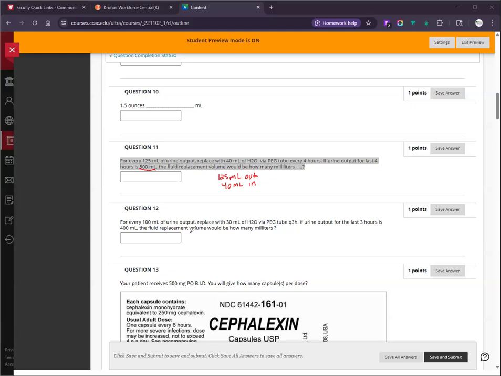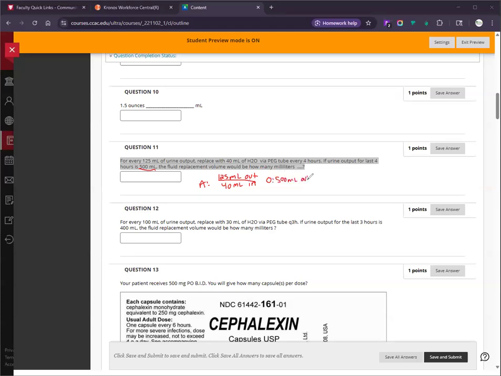So if I'm setting this up following my ordered over available, this is my available here, 125 milliliters out per 40 milliliters in. This is my available, this is my quantity, and then my order is the 500 milliliters.